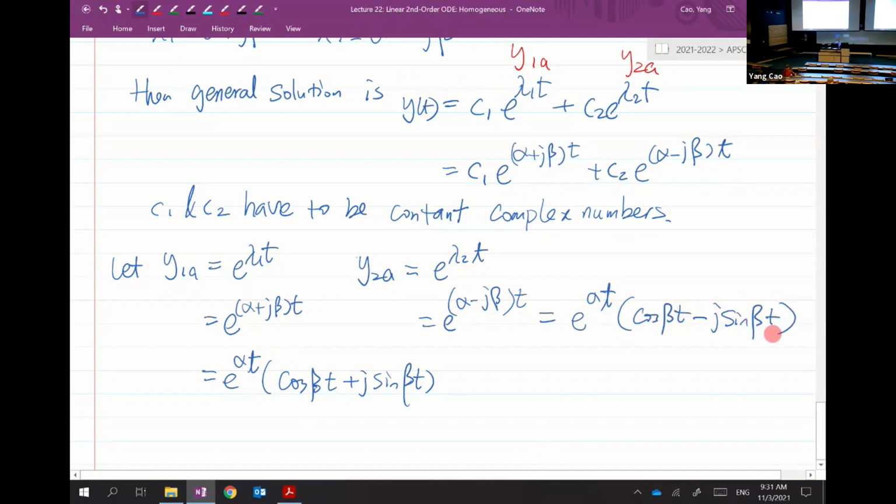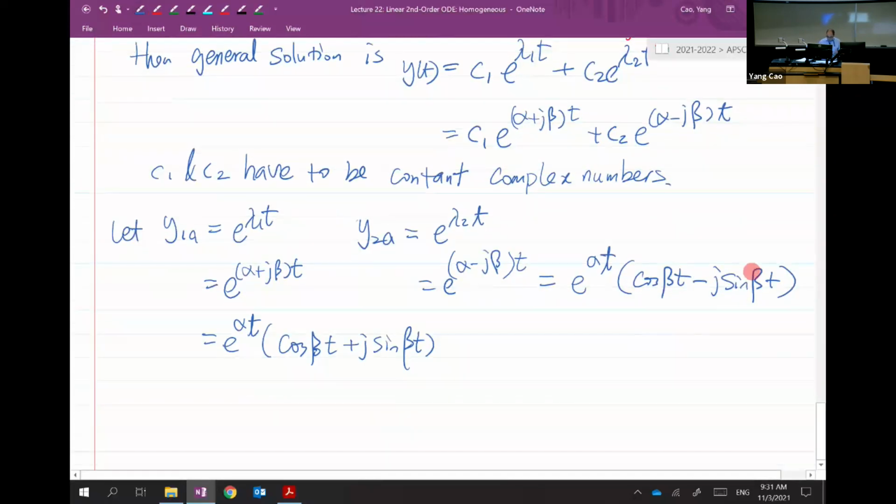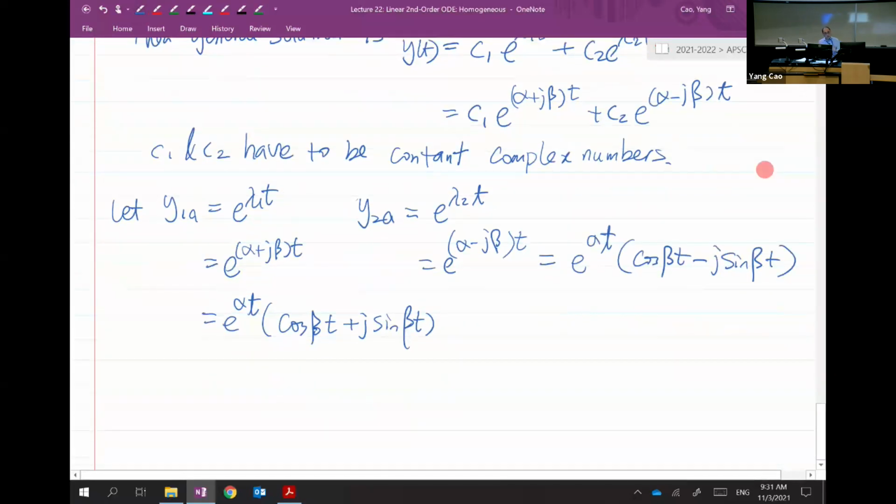Those are the two particular solutions, which are complex, but I don't want to use them. I want to find a particular solution that's actually real, a real function.